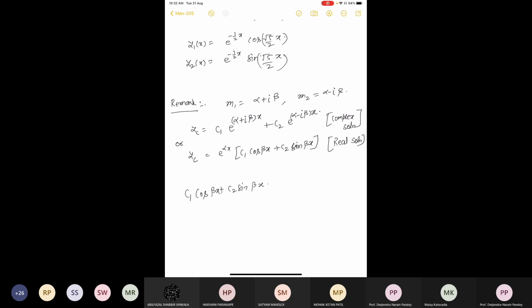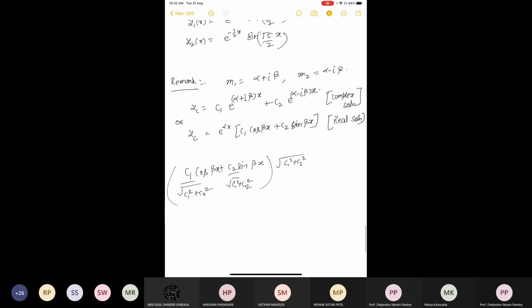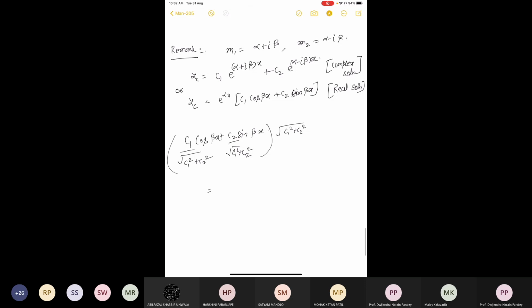We can divide and multiply by under root c1 squared plus c2 squared. I think this manipulation you have already done in the previous class. Now inside this, you can write down this quantity as either cos of delta x or sine of delta x.